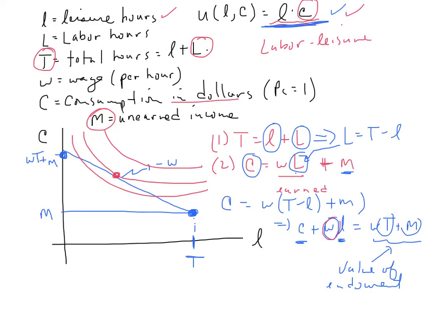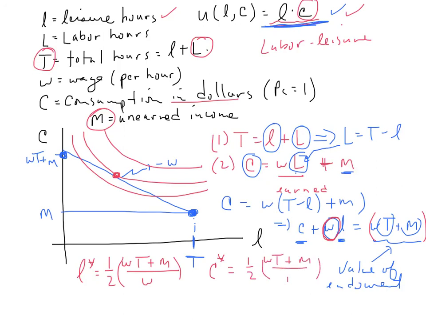If this is the price of little l and this is the income equivalent, WT plus M, then we can employ the Cobb-Douglas rule and conclude that l star is 1 over 1 plus 1, or 1/2, times WT plus M, divided by the price of leisure, and the price of leisure is that thing which is multiplying against leisure, so there's a W there, and C star is 1/2 of WT plus M over 1.